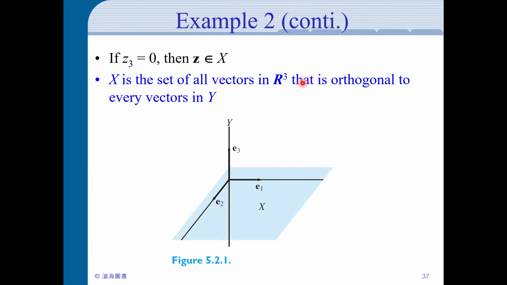So X is the set of all vectors that are orthogonal to Y. The important thing is this O here. Every vector in X is orthogonal to Y, and it also contains every vector that's orthogonal to Y.